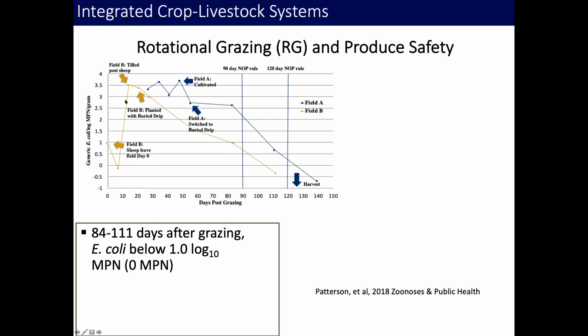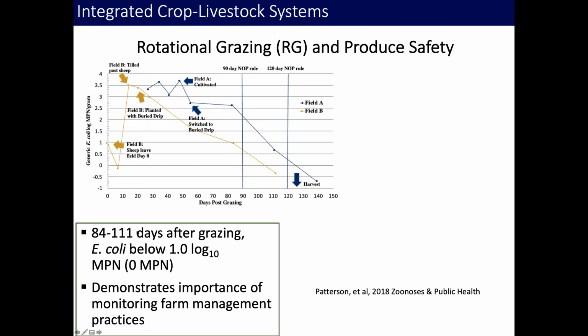It peaks right after the grazing event and after some management practices such as tilling of the soil, planting, change of type of irrigation, and so on. But then it smoothly drops.